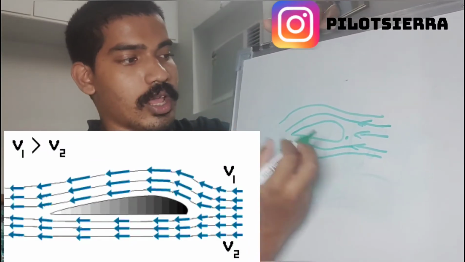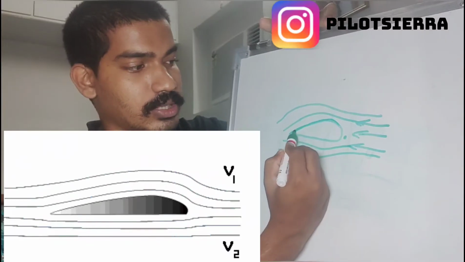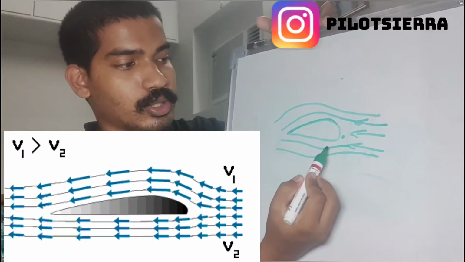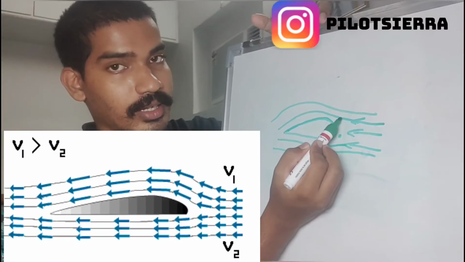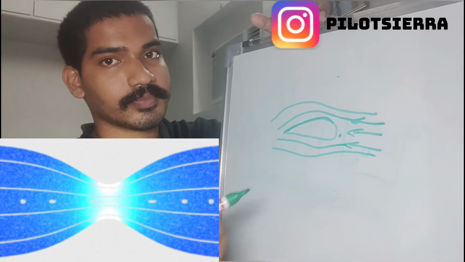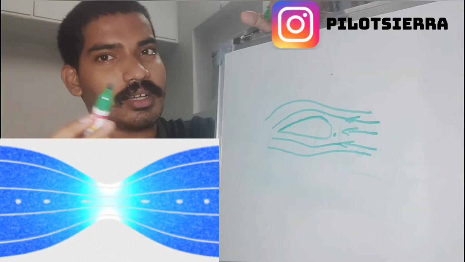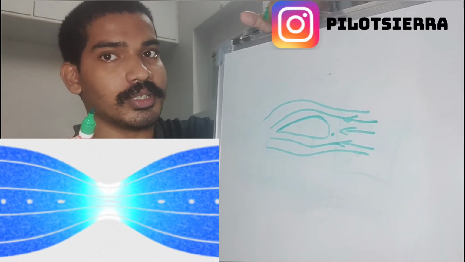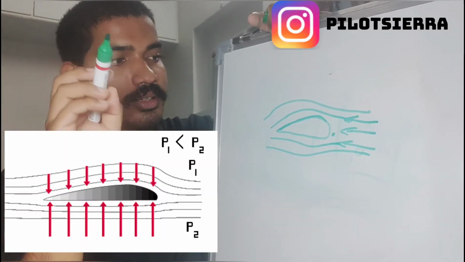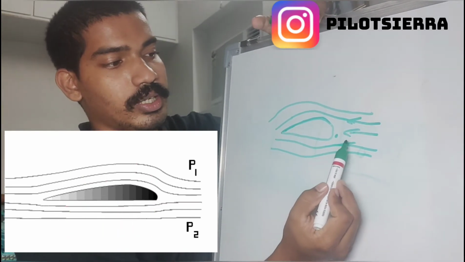What happens is, because of the curvature above, the airflow flows faster above compared to below. The molecules of air, I repeat, are flowing faster above than below. I hope you remember the Bernoulli effect, and you can consider this as a cross section of the Venturi tube, which I covered in my last video.